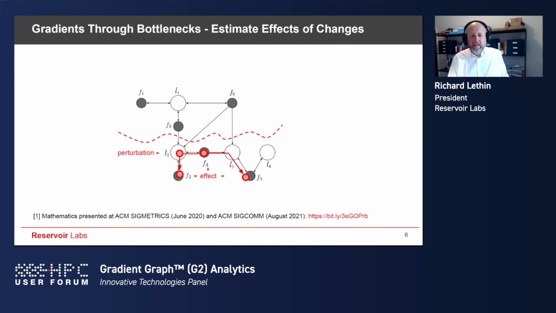And that's the bottleneck structure and the effects of changes and the use of this gradient. We can look at the effects of changes in demands on a flow.